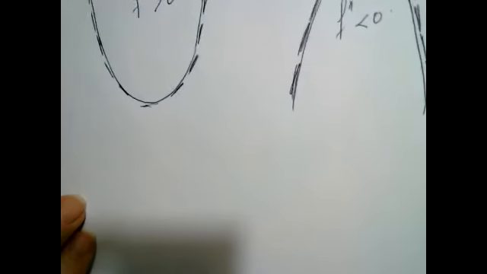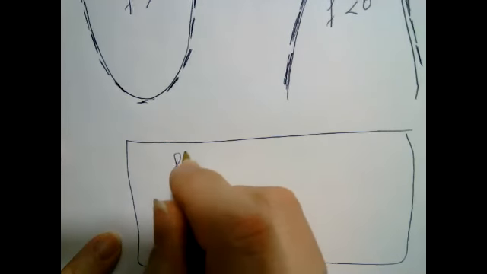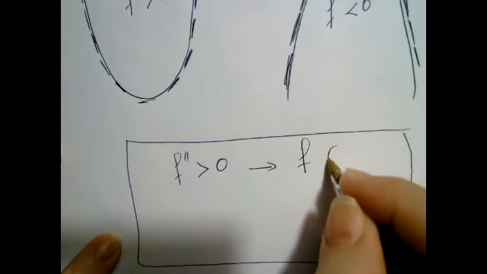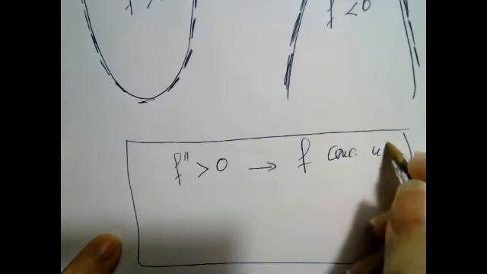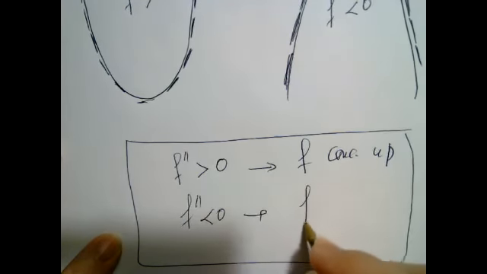Then we summarized that by writing, which is absolutely important: if the second derivative is positive, then the function is concave up. Second derivative negative, function is concave down.